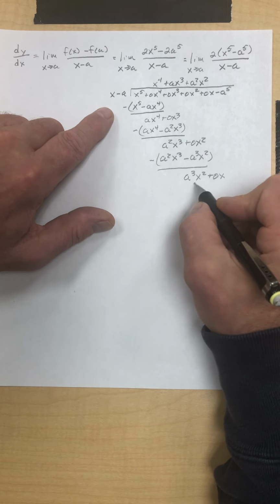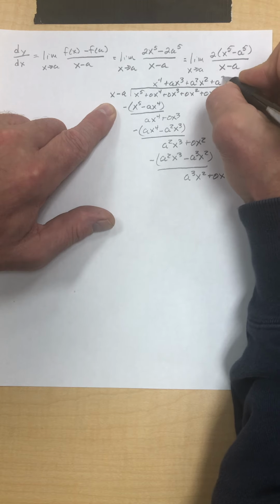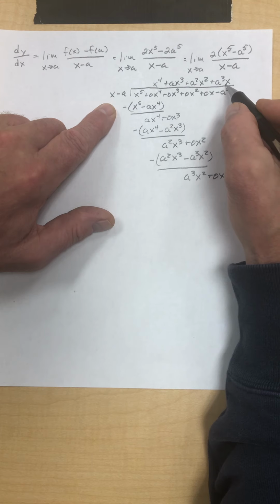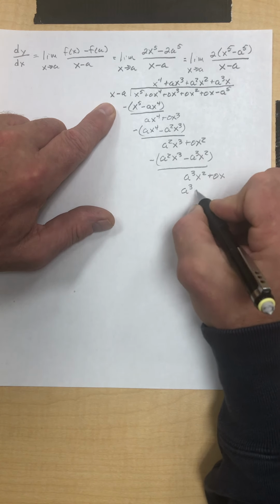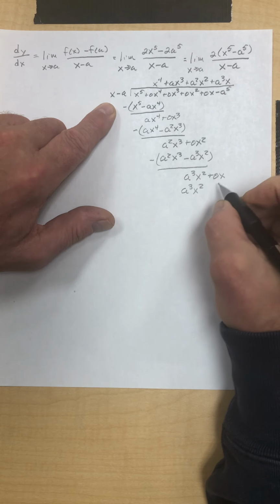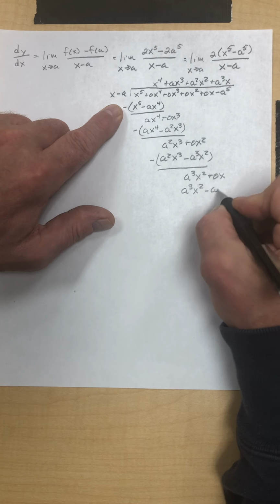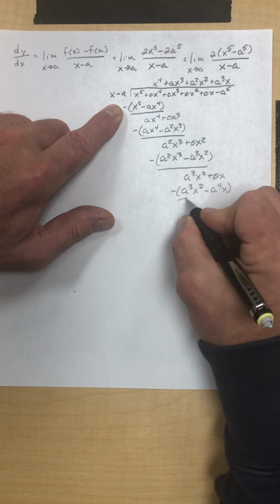Okay, so I go a cubed x squared divided by x would be a cubed x, like that. Multiply through, a cubed x times x would be a cubed x squared. And a cubed x times negative a gives me negative a to the 4th x. And then again subtract.